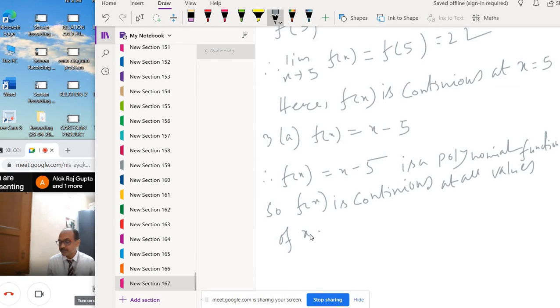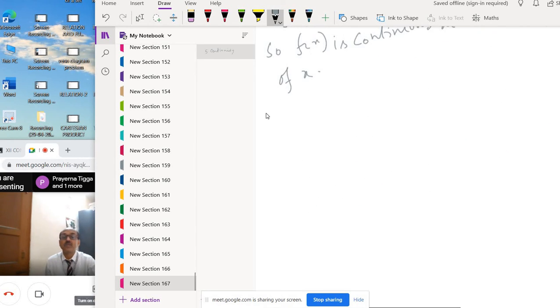Next, these are polynomial functions. Question number 6. See number 6.